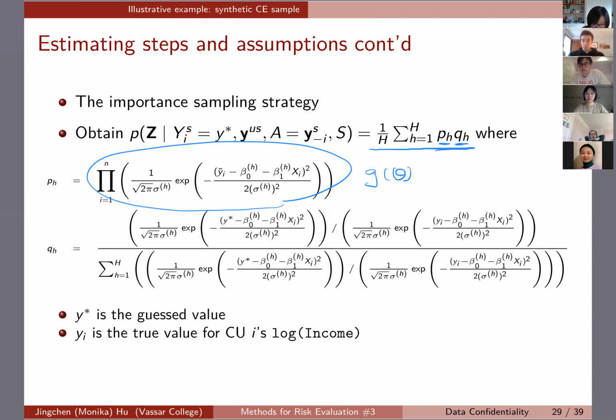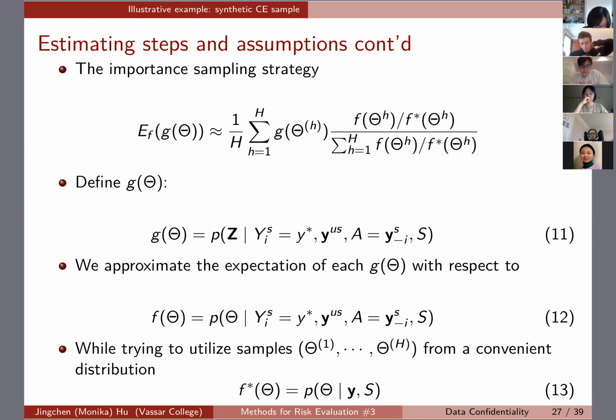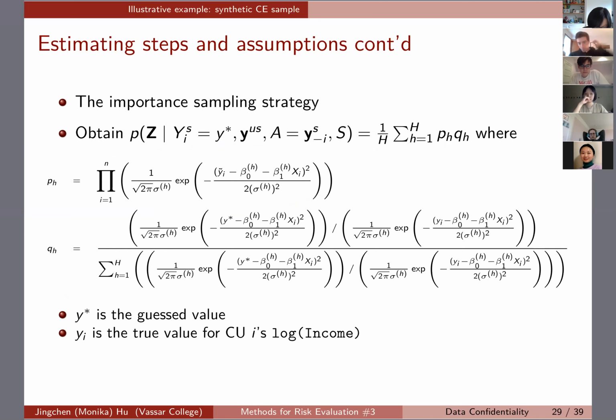Okay. And this is the ratio that we saw earlier, right? This will be the F, I think, which one? F theta. Give me a second. I have to take a look. Okay, so it's F. Yeah, so this part is G theta.